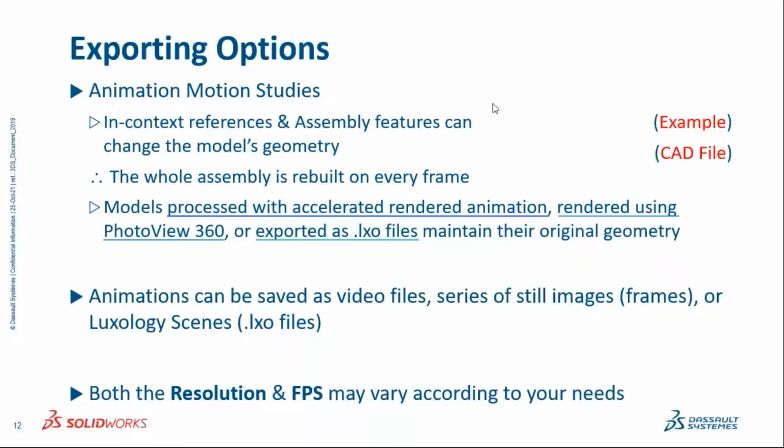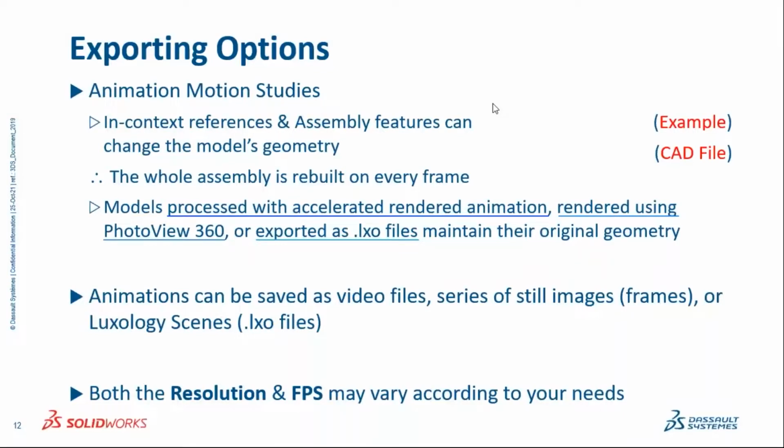The last thing I just want to say about exporting over here is that exporting might take somewhere from a couple of seconds to a couple of minutes. It might even take a couple of hours. And that depends on two things. One, resolution, and two, the FPS, or the frames per second. That means that if I'm making an animation that's, for example, 720 by 720, like it's a square animation, 720 pixels by 720 pixels, it is going to be way faster than if I make it, for example, 3000 pixels by 3000 pixels.